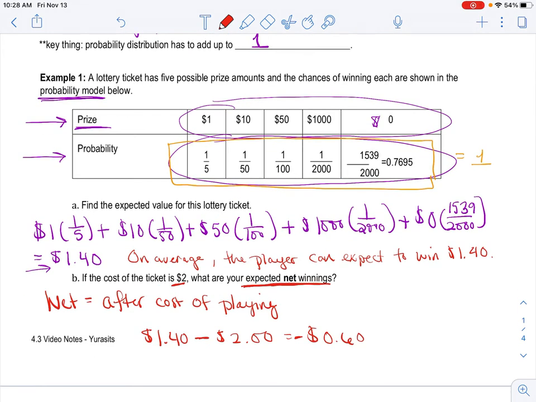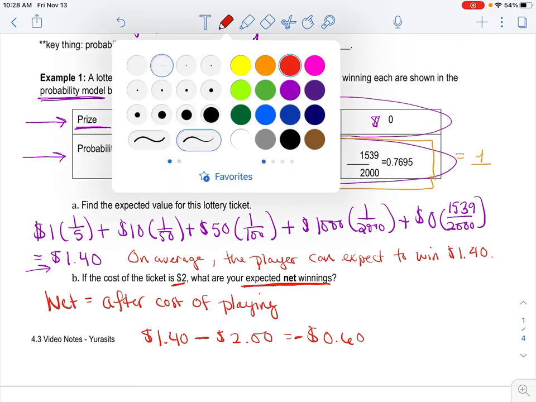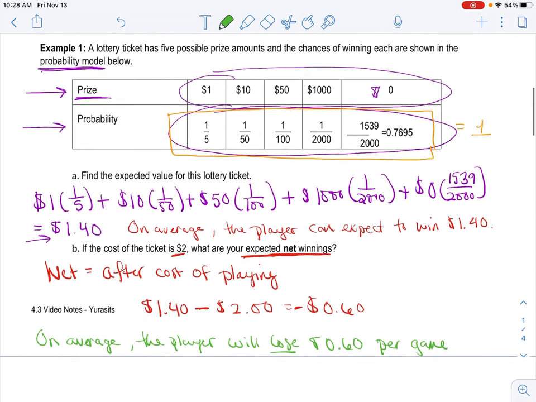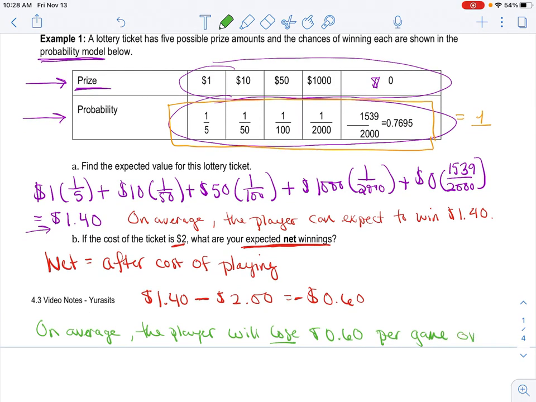And so what that means is, let me go ahead and get fancy in another color. On average, the player will lose, because it's negative, 60 cents per game. And just to be ultra clear, over the long run.